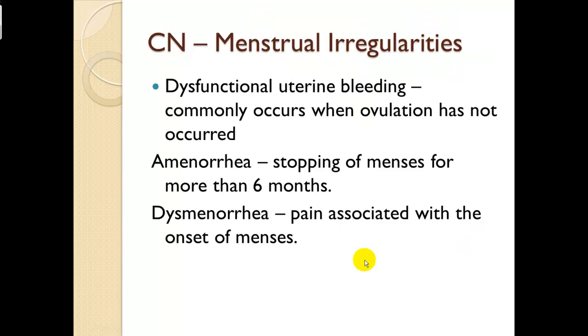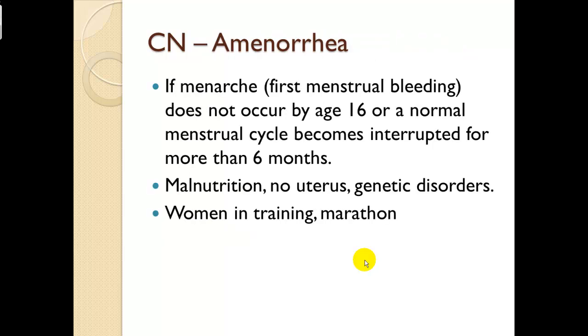Menstrual irregularities. Dysfunctional uterine bleeding commonly occurs when ovulation has not occurred. Amenorrhea, stopping of menses for more than 6 months. Dysmenorrhea, pain associated with the onset of menses. Clinical note: amenorrhea.